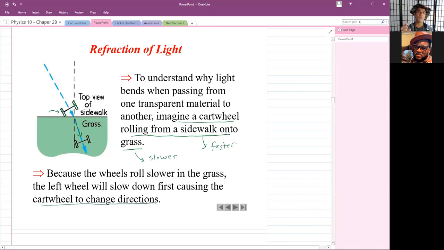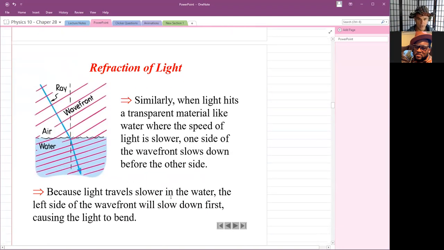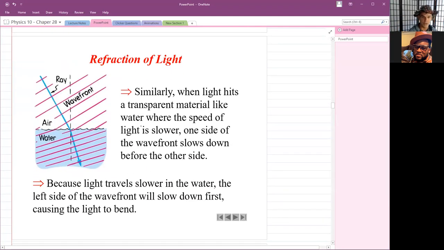And that's pretty much the way that you can imagine why light is bending. It's when one part of the light hits a different material first, where the speed is not the same. So similarly, when light hits a transparent material where the speed of light is slower, let's say water, one side is going to slow down before the other. We'll talk about this a little bit probably on Thursday, but how fast light travels through material depends upon how many times it has to get absorbed and re-emitted, absorbed and re-emitted.